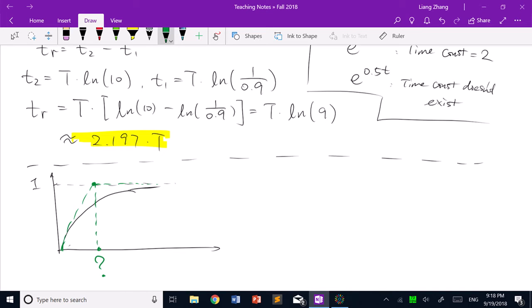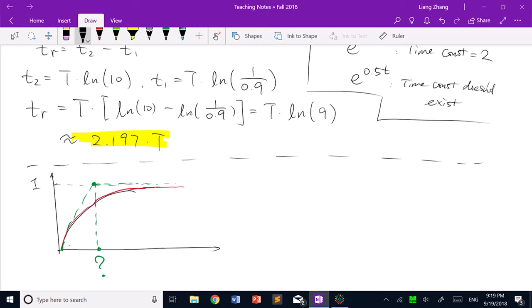If you look at the curve, at the beginning it's fast, but gradually the speed will decrease, a diminishing returns curve. The change becomes smaller and smaller, and eventually it becomes flat. But if you can maintain the initial slope, the initial increase rate, how much time does it take to reach the steady state level? Let's do a simple calculation.